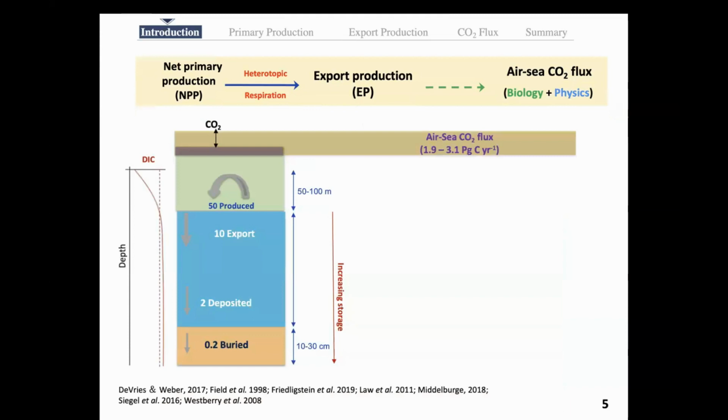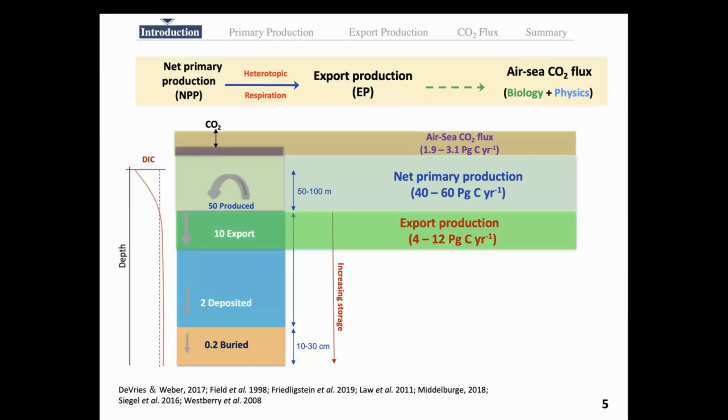Our current estimates of the global air-sea CO2 flux are in the range between 1.9 and 3.1 petagrams per year. The estimate of net primary production falls within the range of 40 to 60 petagrams per year. The current estimate of export production also carries large uncertainty, spanning a range of over 100%.